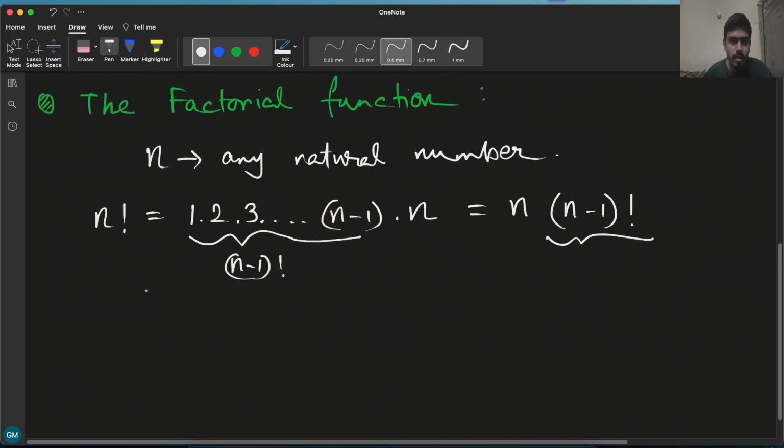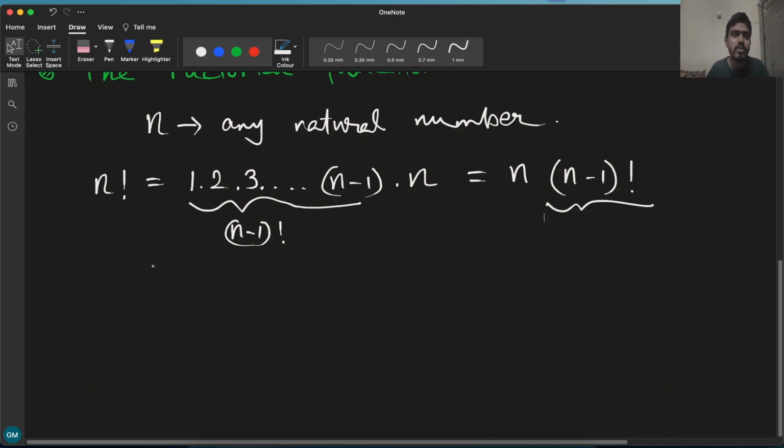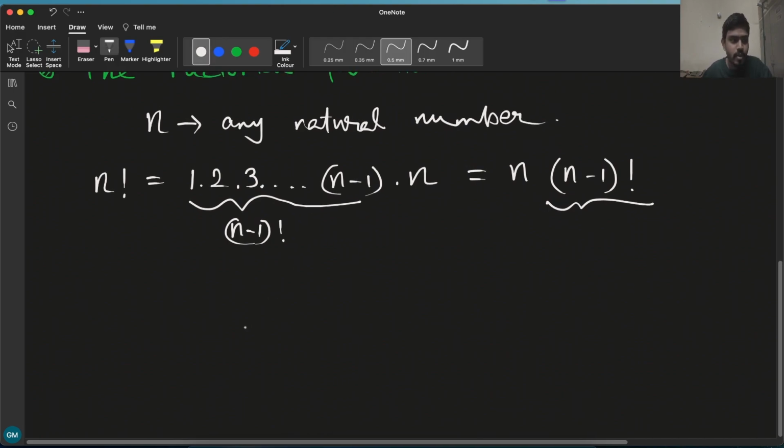So now I will define this factorial function. I will define these factorials in a different way. Let me start with something kind of abstract.